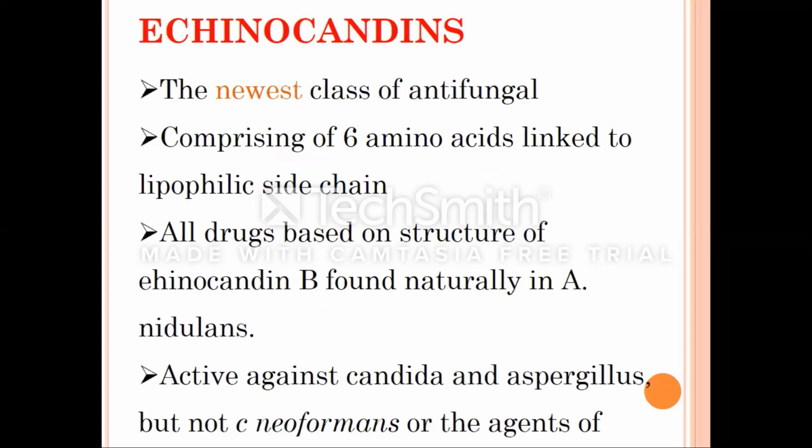They comprise 6 amino acids which are linked to a lipophilic side chain. All drugs are based on the structure of echinocandin B, which is found naturally in a microorganism, Aspergillus nidulans, and they are found to be active against candida infection and aspergillus infection.